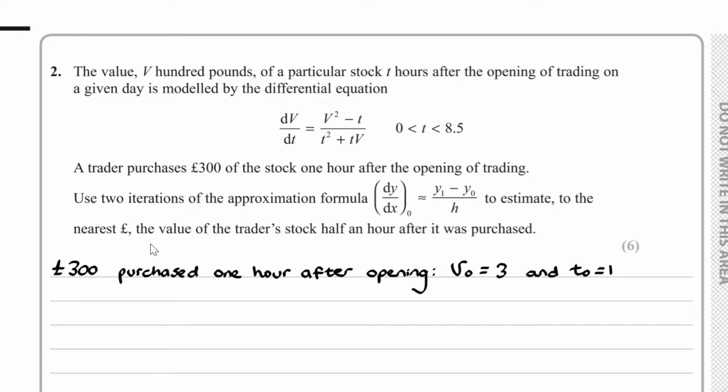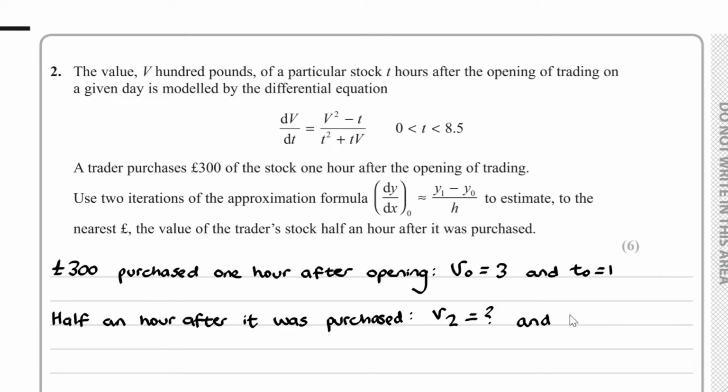We're looking, after 2 iterations, at the value of the trader's stock half an hour after it was purchased. Okay, so let's just write this down. Half an hour after it was purchased, we're finding V2, and we know that T2 is equal to 1.5.